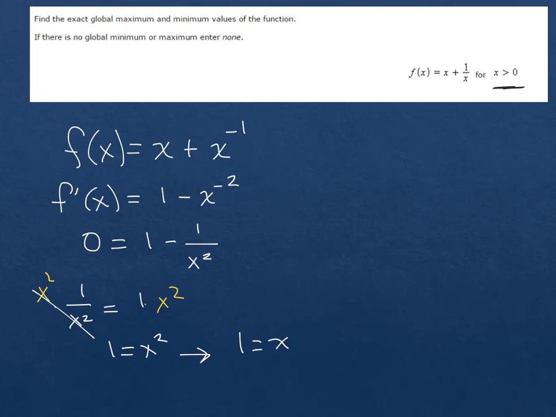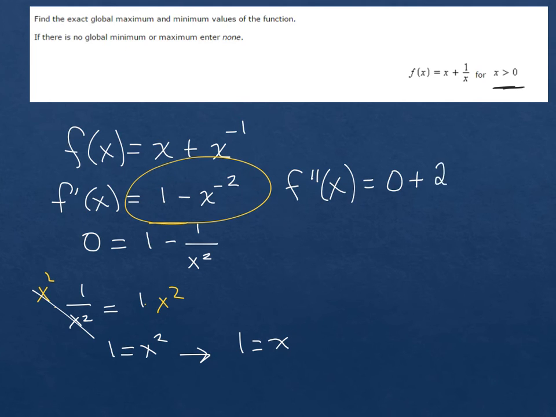I want to know if this is a max or a min. I'm going to do this by taking the second derivative. So I'm looking right here. The derivative of 1 is 0 minus the derivative of x to the negative 2. Well, when I bring the negative 2 down, that's going to be a negative and a negative.